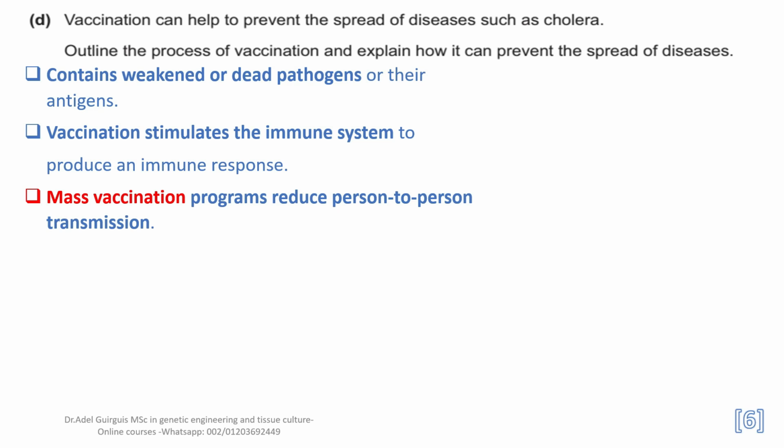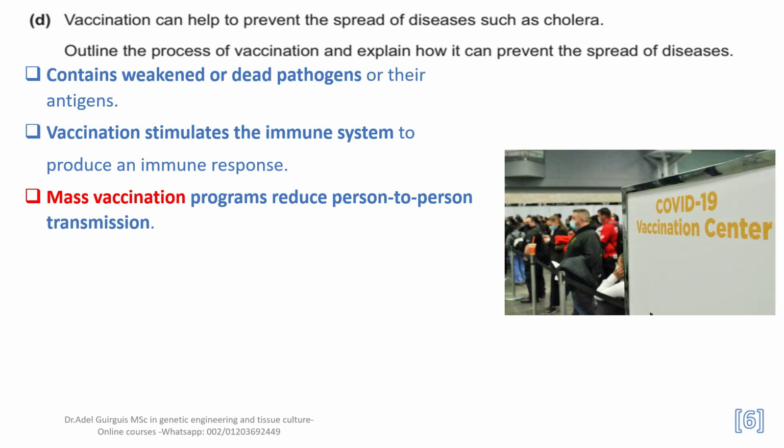With mass vaccination, most of the people of the country should have this vaccine, to eradicate the spread of certain infectious diseases like cholera or TB, for example. Look here, COVID-19. Here, a vaccination center where people reach the center to be given this vaccine against COVID-19.